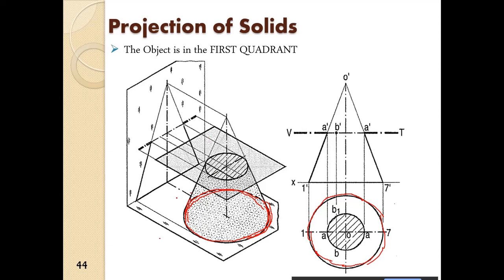Second step is to get the front view of the cone. Third step is to draw the intersection line.